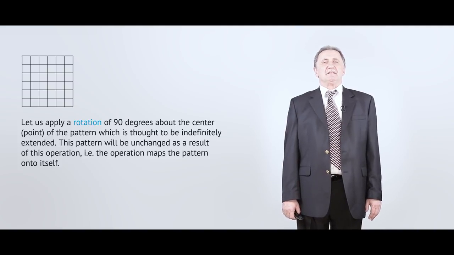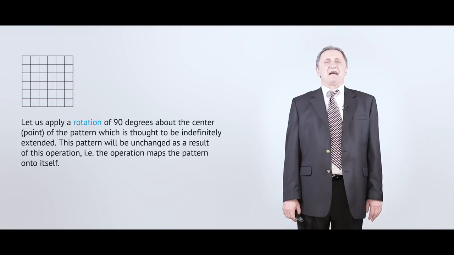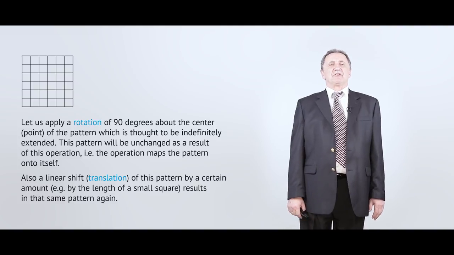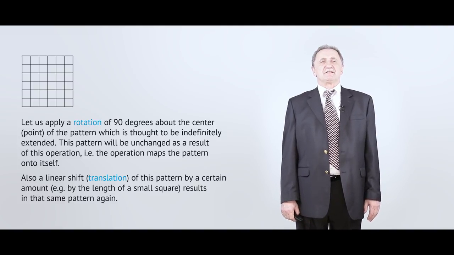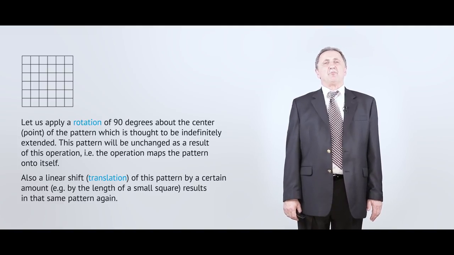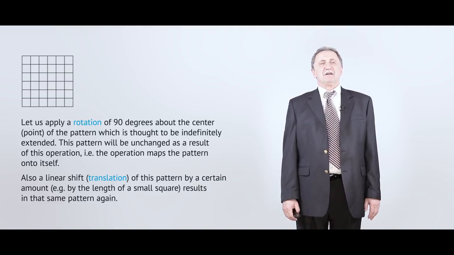Let us apply, for example, a rotation of 90 degrees about the center of the pattern, and you will find out that the pattern repeats itself 4 times during the rotation through 360 degrees. So we are talking about so-called point or rotational symmetry for this type of object.